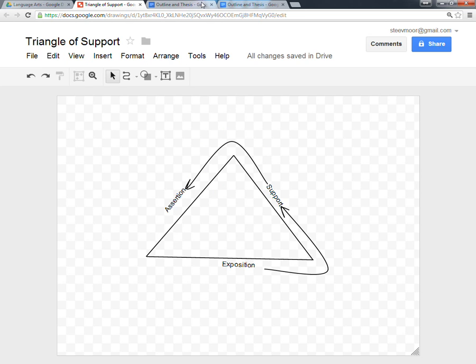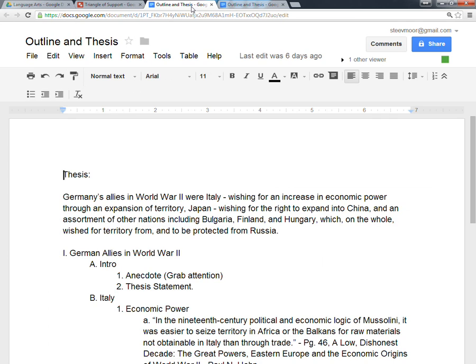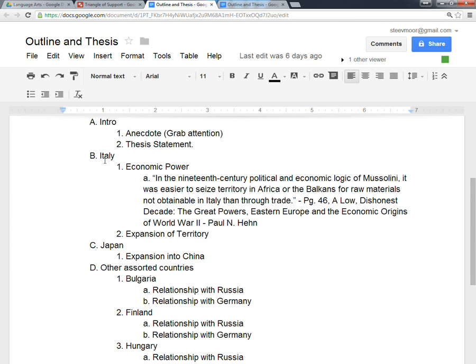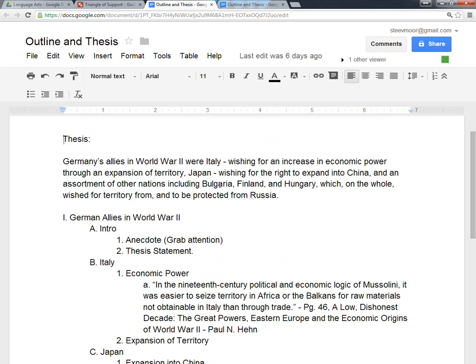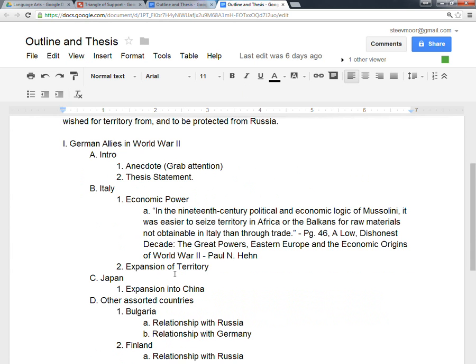Now, what does this actually look like when you write your thesis? Well, I'm going to go to my outline here. So my first paragraph is Italy, and I have a quote here. It says, Italy, economic power. And remember, my assertion is that Italy was wishing in World War II to increase its economic power through the expansion of territory.